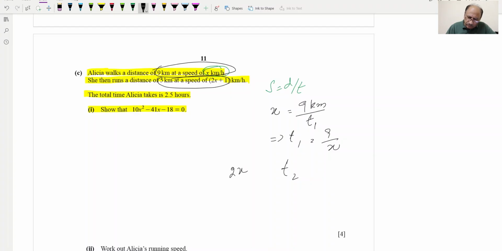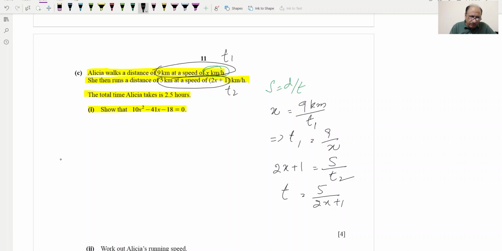Okay, so I will rewrite: speed is 2x plus 1 is equal to distance, which is 5 over t2. So t2 will be equal to 5 over 2x plus 1.